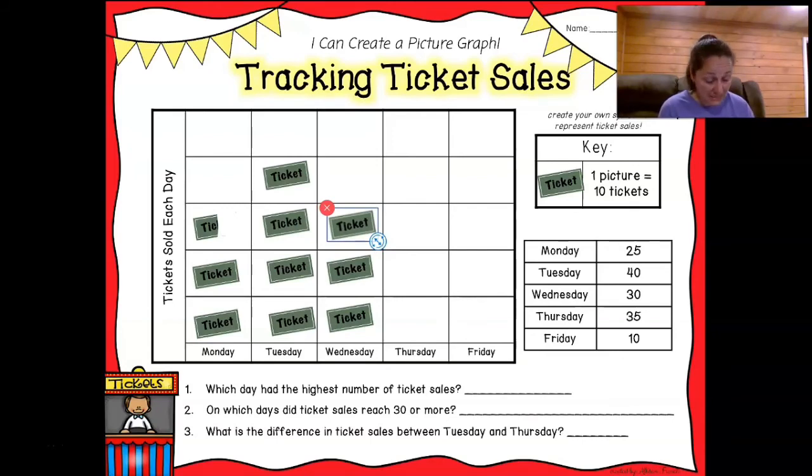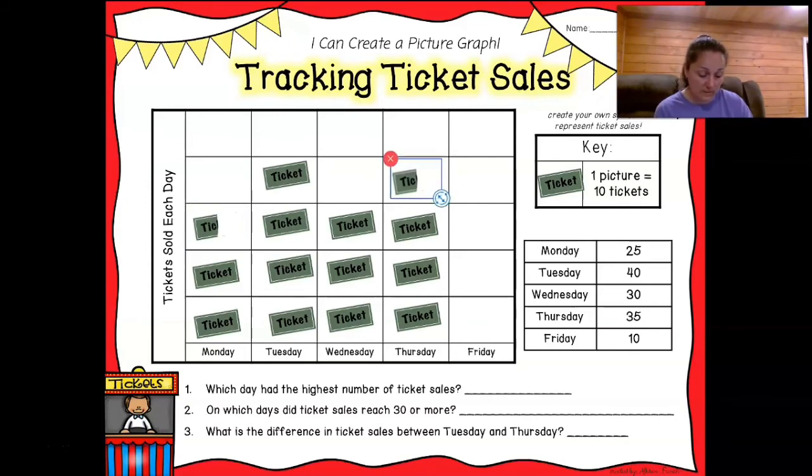So I am going to need that half a ticket again. So I'm going to go 30 up: 10, 20, 30. And then I need a half a ticket. There's my half ticket. Now Friday says just 10, so I just need one ticket.